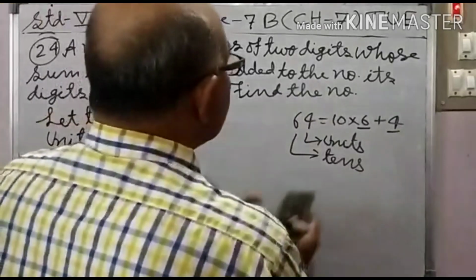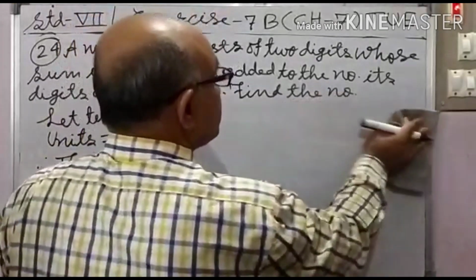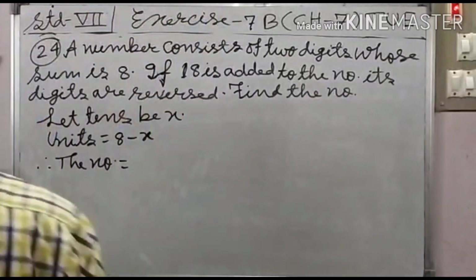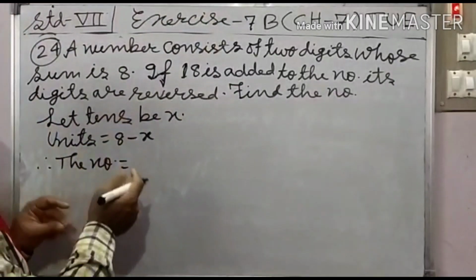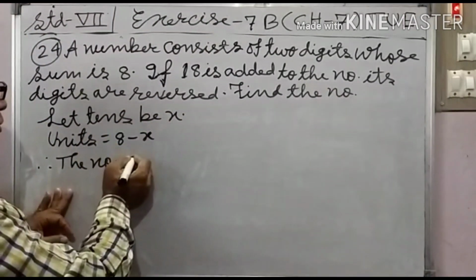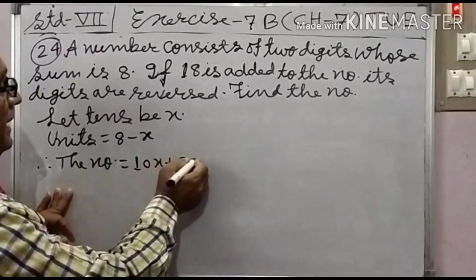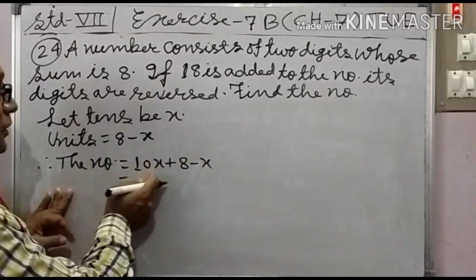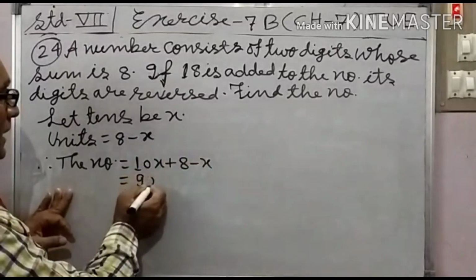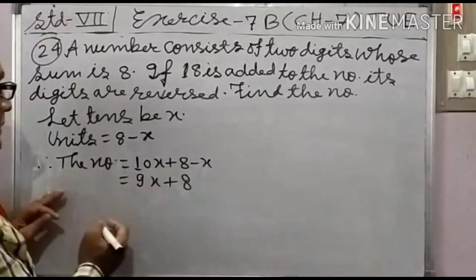In this way, the number equals 10 into tens, so 10x plus 8 minus x, equal to 10x minus x, that means 9x plus 8.